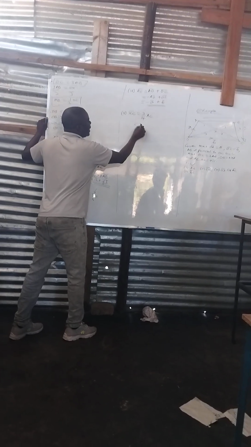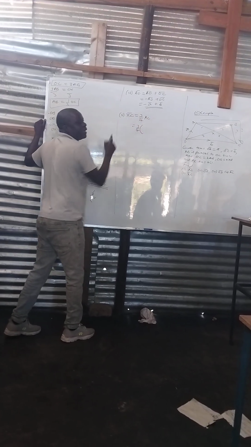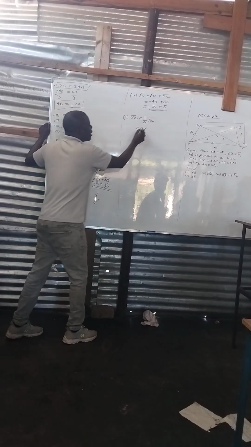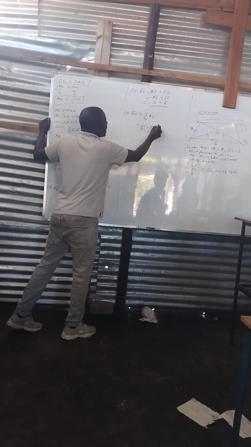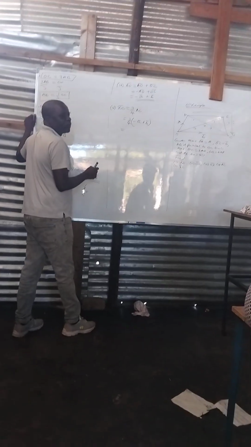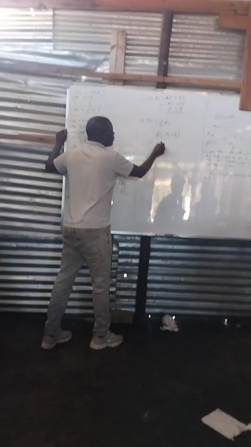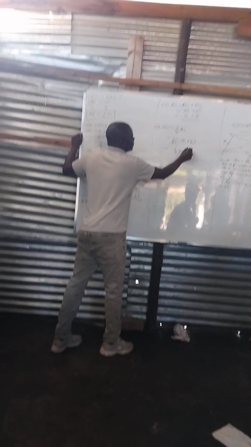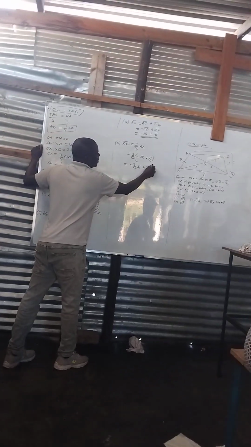And I believe our AC is found already in our previous answer, which is negative A plus B. Then multiply by 3 over 4: negative 3 over 4 A, positive 3 over 4 B.